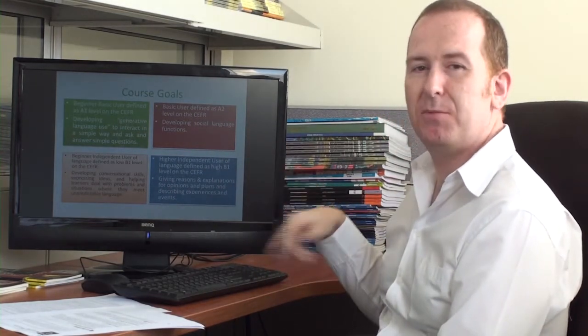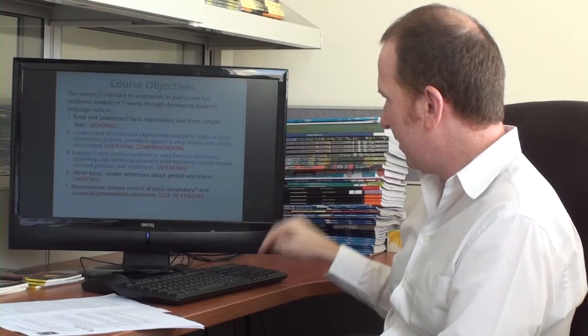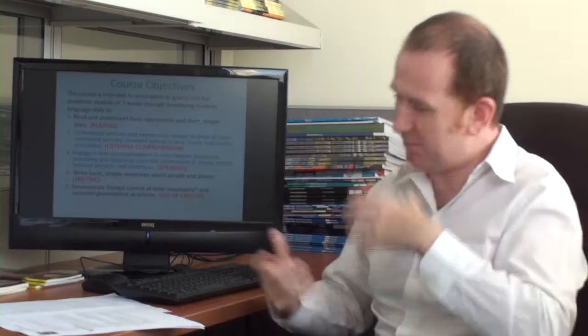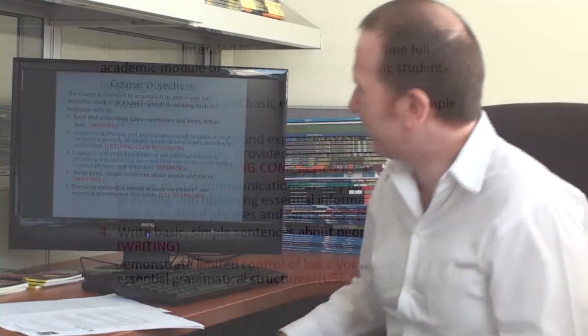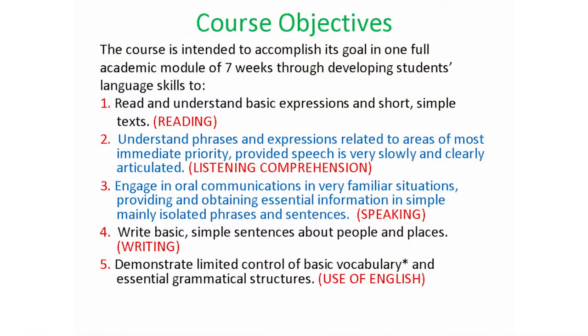Course goals are supported by course objectives. The course objectives are the ingredients of the course goals, if you like. These are the course objectives on the screen here of our level 101 course, the first level in the foundation year.